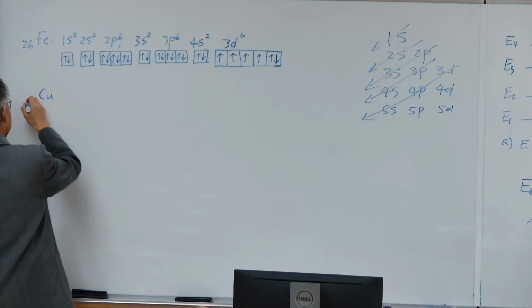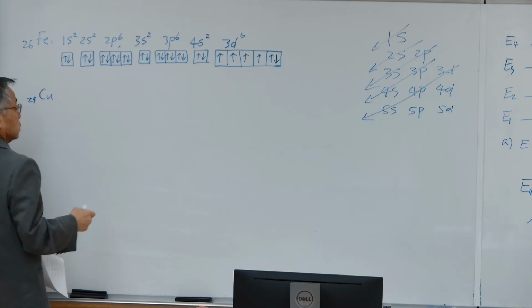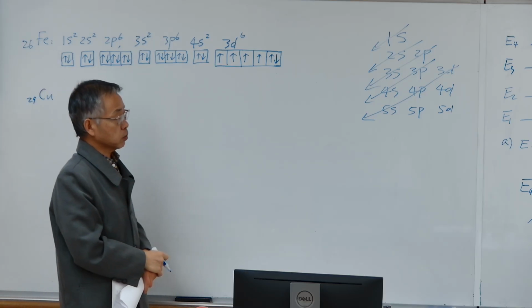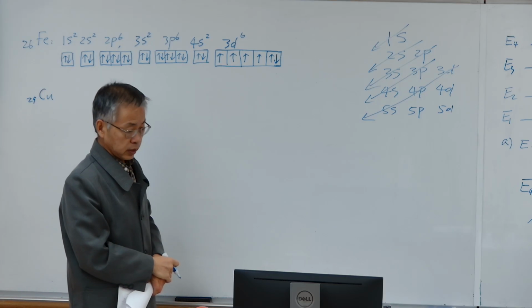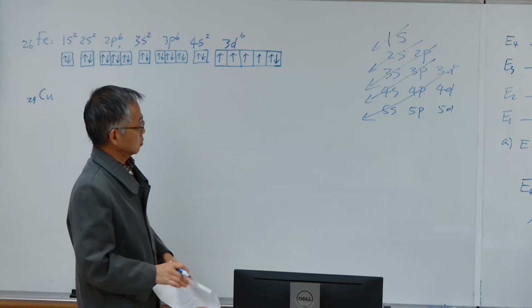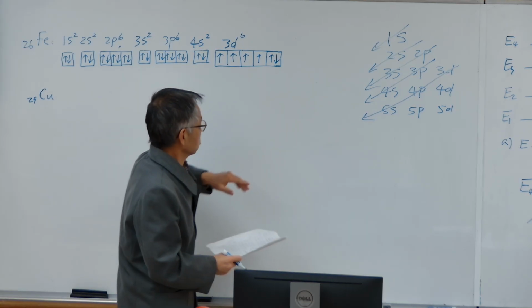Next one, copper. The table tells us copper has 29 electrons. Again, use this chart.